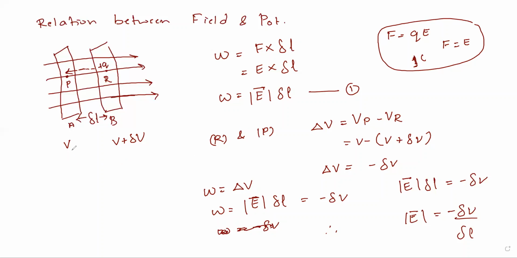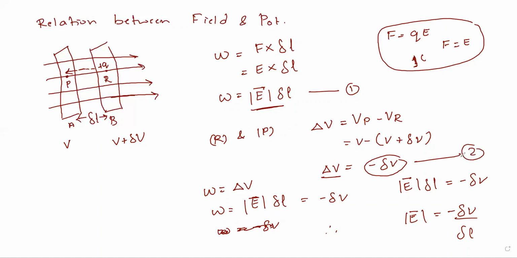Vp is given by V, and Vr is given by V plus delta V. Plus V and minus V get cancelled, so the remaining will be minus delta V. So here work done is equal to delta V. So we considered work done is this and delta V is this. Understood. So for better understanding, let us put it as equation 2.